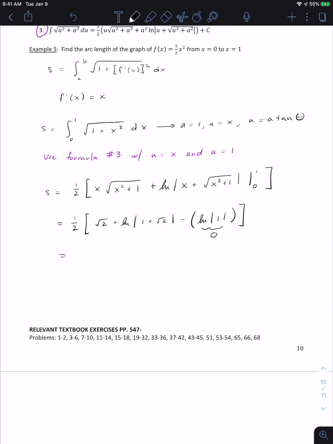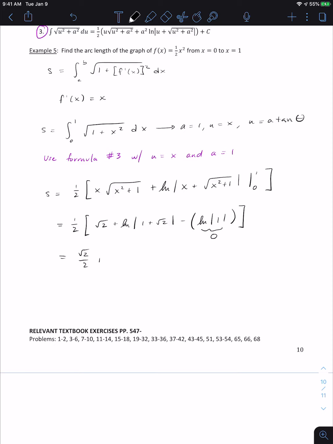So here I end up getting radical 2 over 2 plus 1/2 ln of the absolute value of 1 plus radical 2. And that is my final answer, and that is approximately 1.148, right?